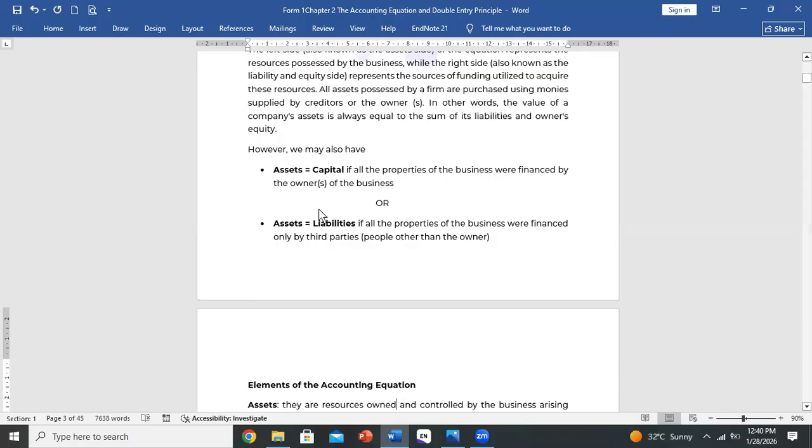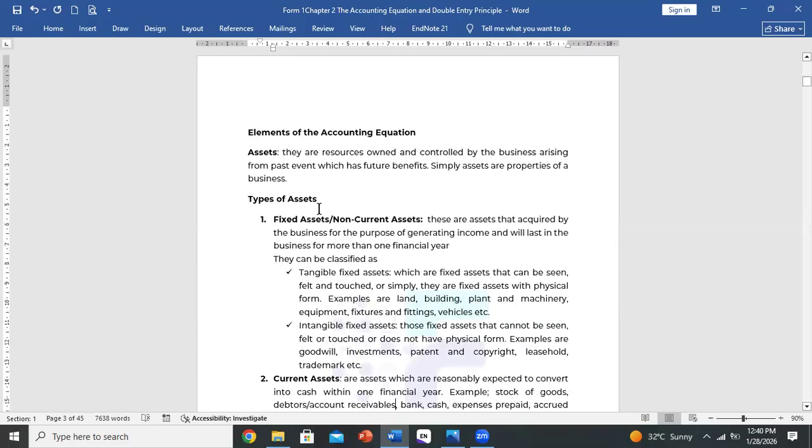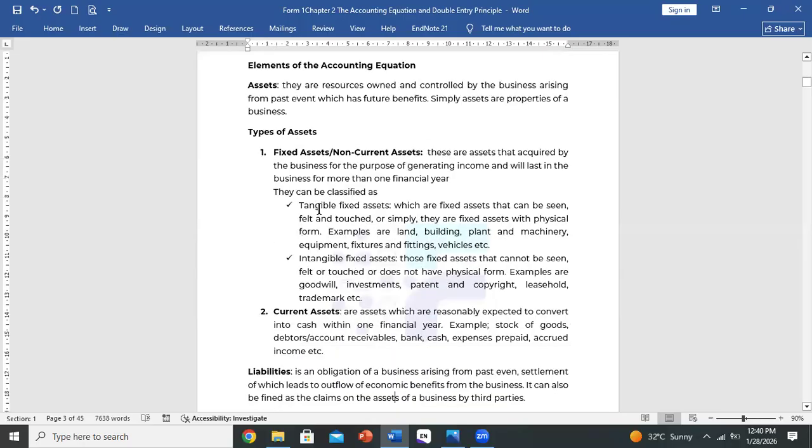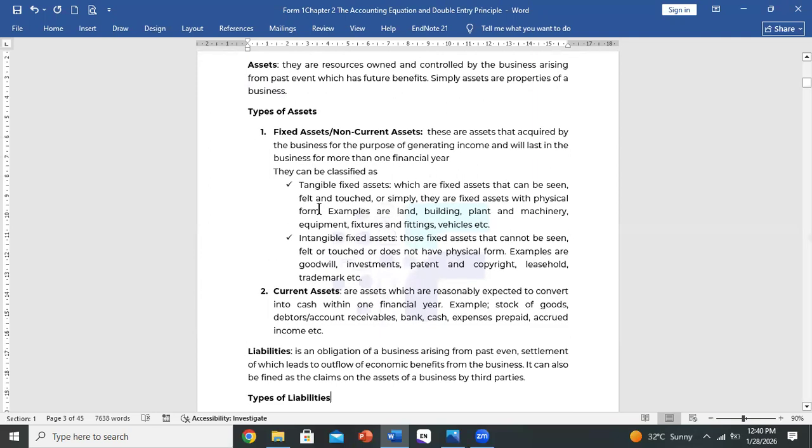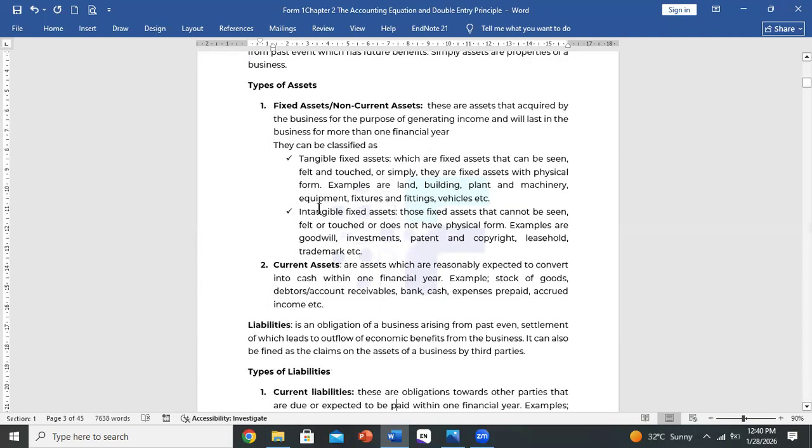If you understand it that way, then the next thing is for you to know the elements of this equation. And the elements are assets, liabilities, capital. And I think last time I added the other two, expenses and revenue. So there are five of them.